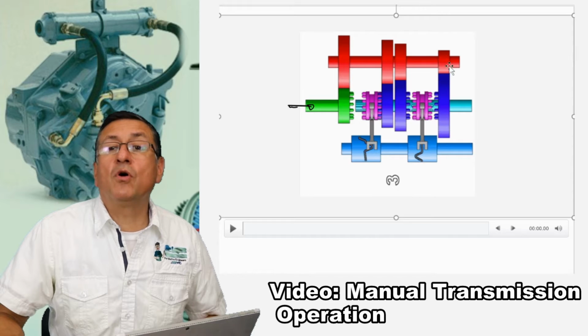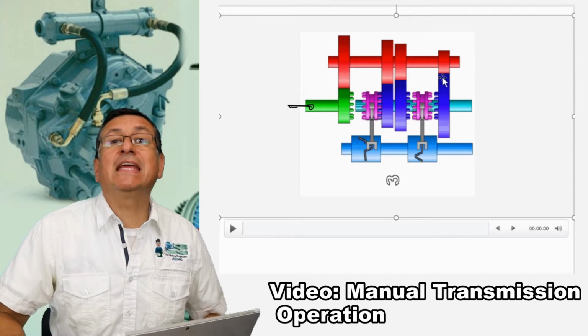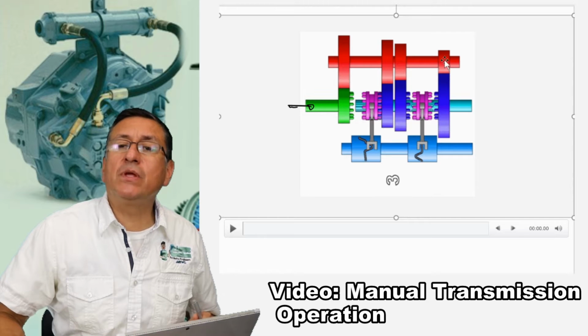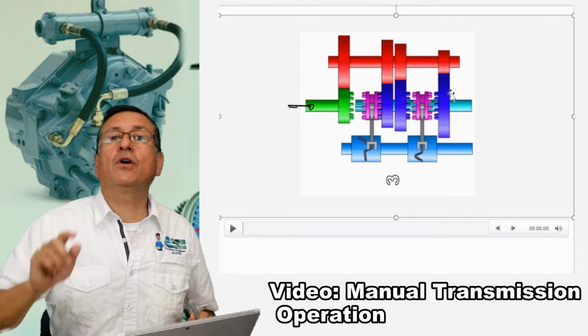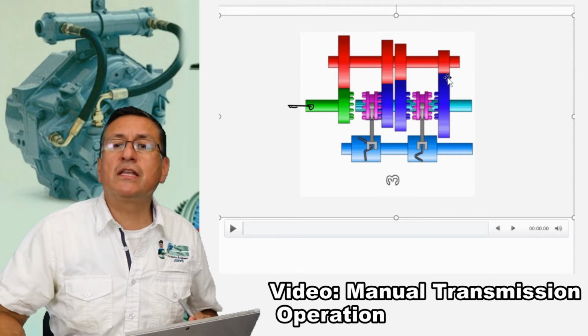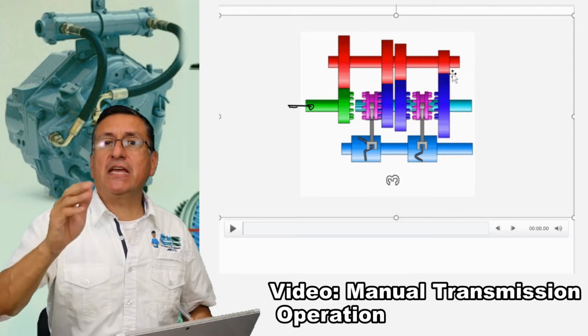We have a small driver gear connected with a big driving gear. What is the meaning of that? I am going to multiply according to this ratio between the red one and the blue one. We are going to multiply. This is the maximum gear ratio. The small driver gear with the big driving gear.